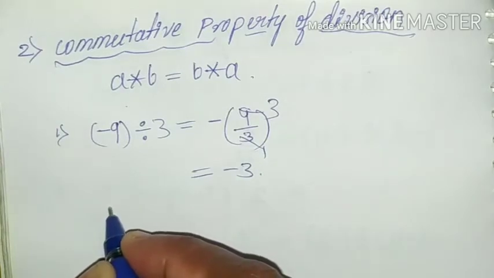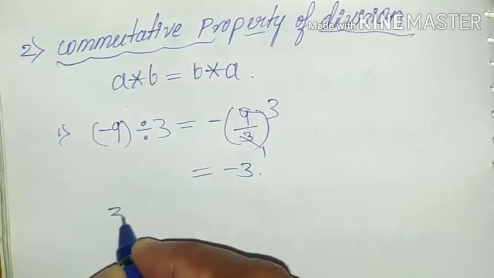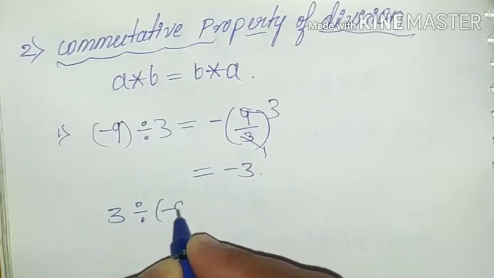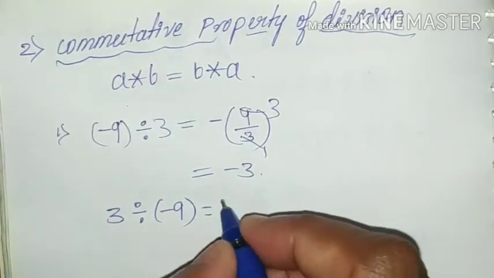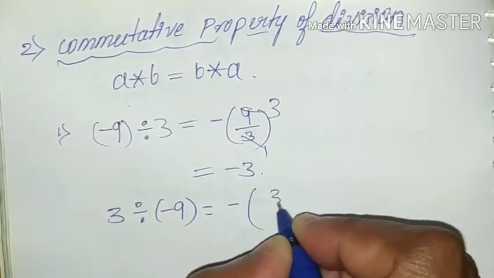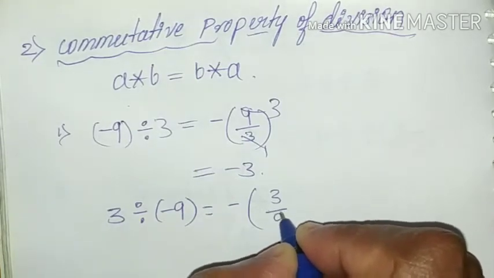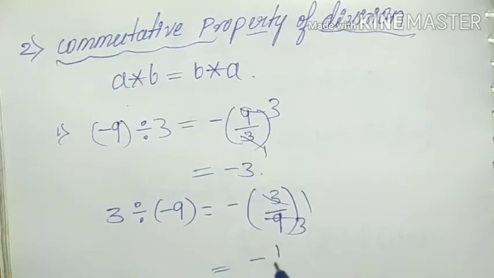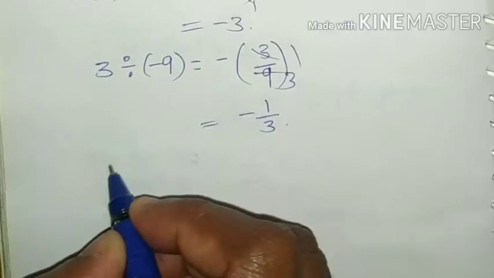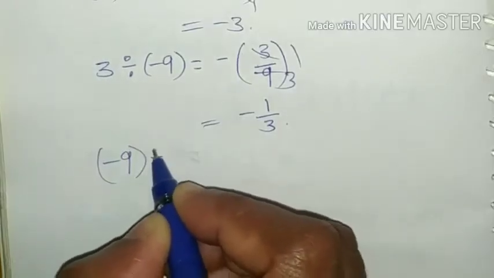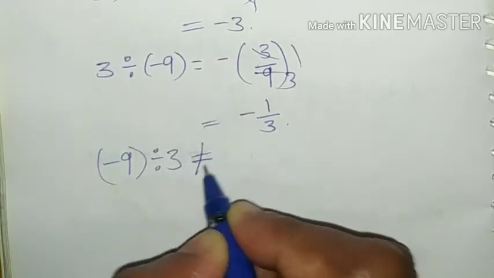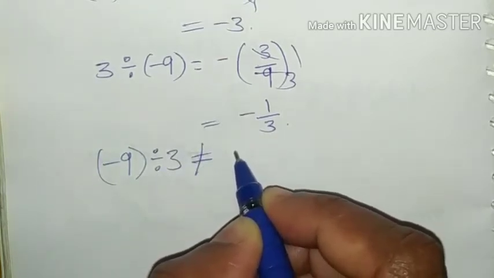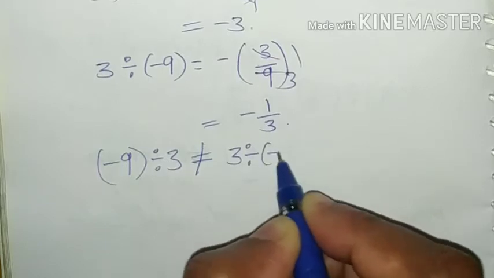And 3 divided by minus 9. Minus of 3 divided by 9. 3 ones are 3, 3 threes are 9, so minus 1 by 3. Therefore, minus 9 divided by 3 is not equal to 3 divided by minus 9.